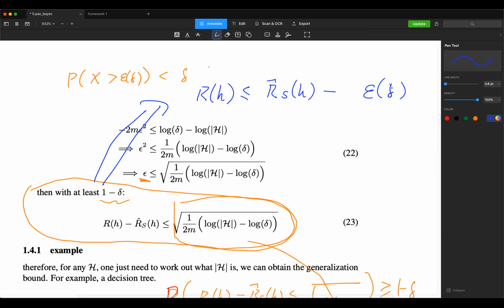Apart from the analytical power that this kind of bound gives you, it tells you how well your hypothesis generalizes to unseen data. Apart from that, what else does it give you?